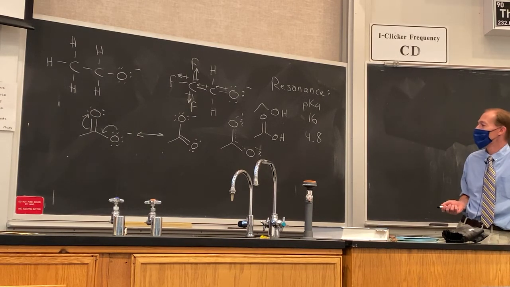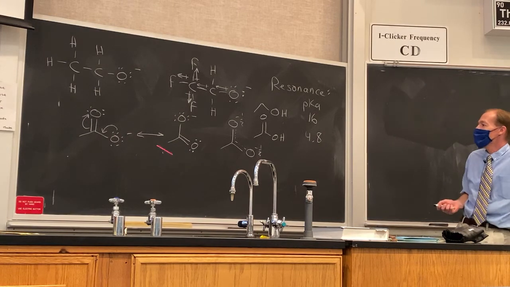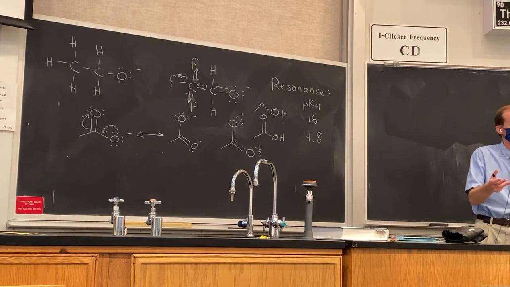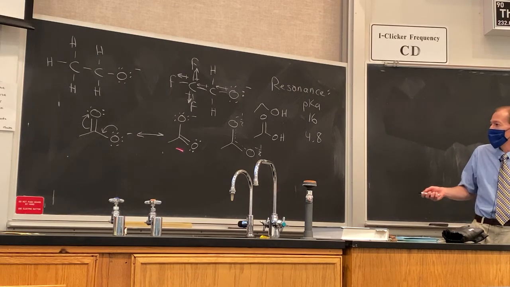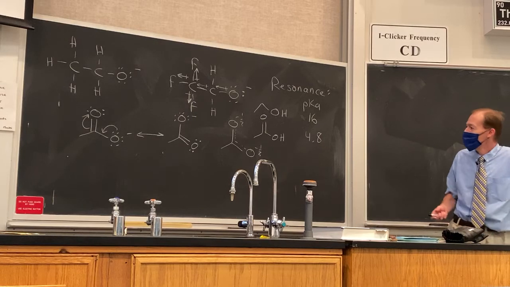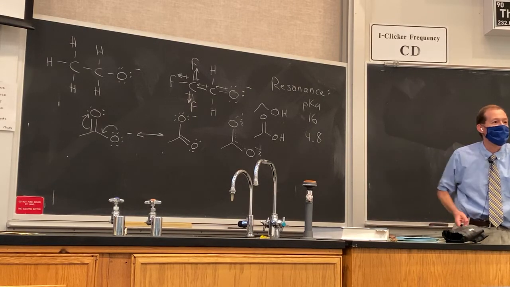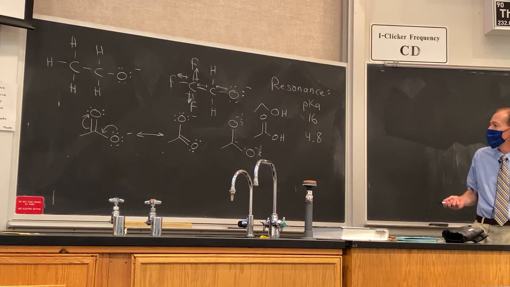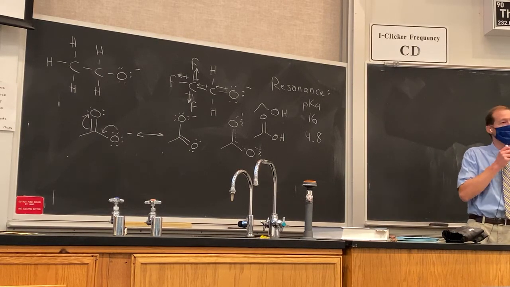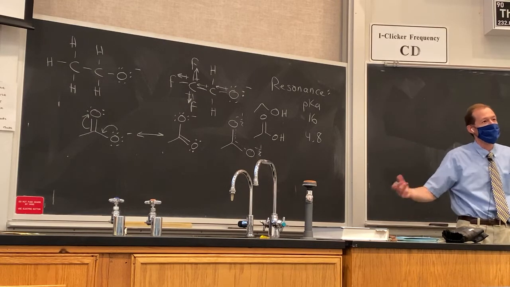When I say that, I didn't say they were equal, I said they were equivalent, so that's not quite the same, meaning that they're going to be equivalent in energy. There's no difference in energy between these two structures. Yeah, if you just rotate one, you get the other. So yes, that indicates that the charge is going to be shared equally by the atoms that have them in the individual resonance structures.